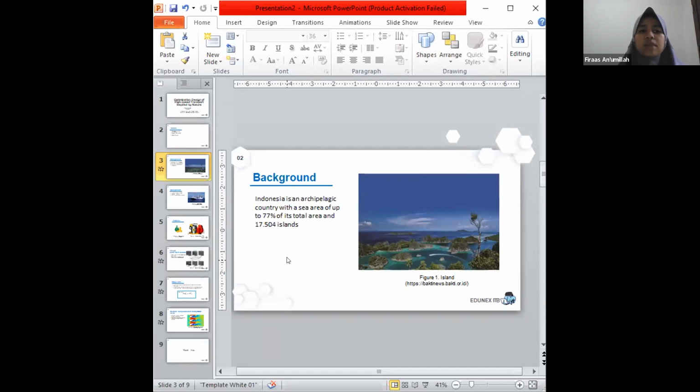However, many areas in Indonesia are challenging to access because of waters and various other difficulties. To overcome this problem, the government needs transportation facilities that can reach remote areas, especially those difficult to access by land.